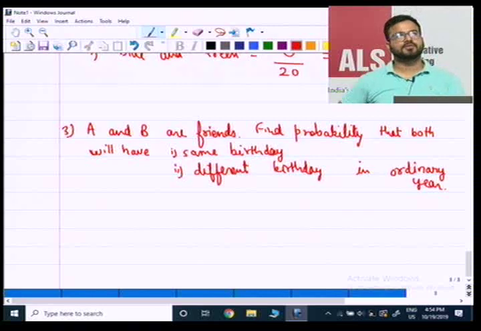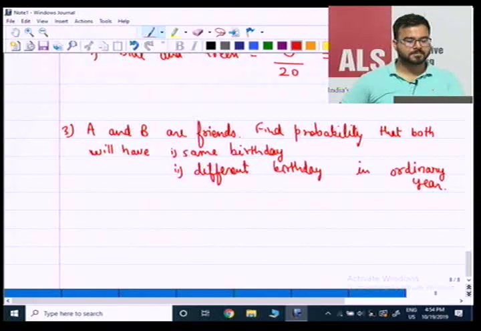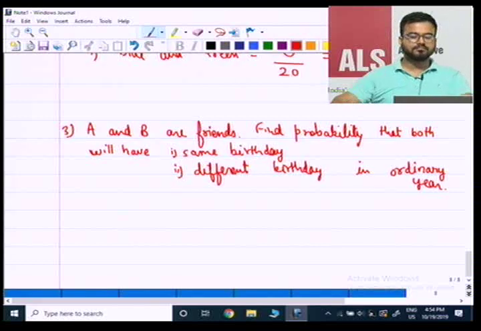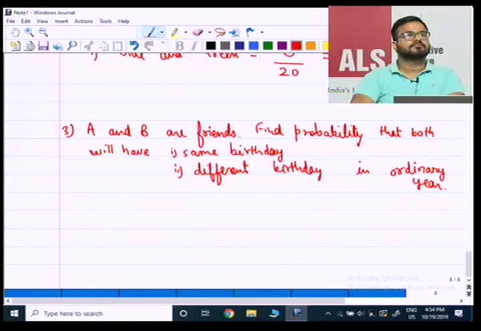Yes, CC4, first part is right. Yes, Itanagar, that is right. The second part. That's right. Because same birthday, it should have the same birthday.